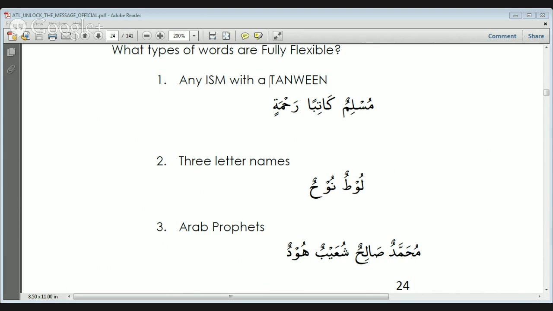There must be a reason to make it light. So if it does not, and if it has tanween, it is considered fully flexible.